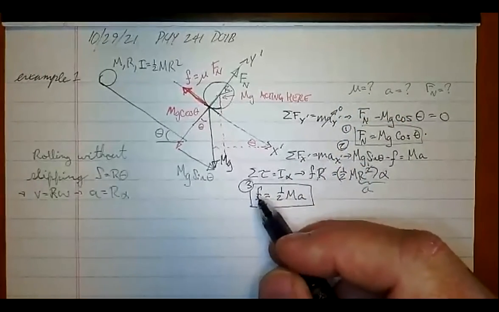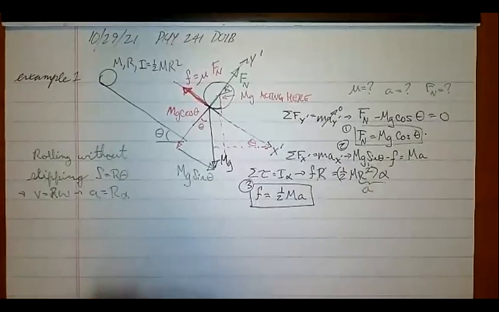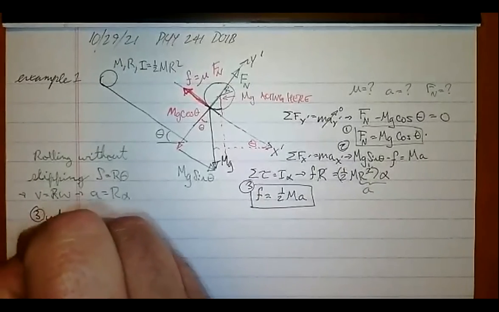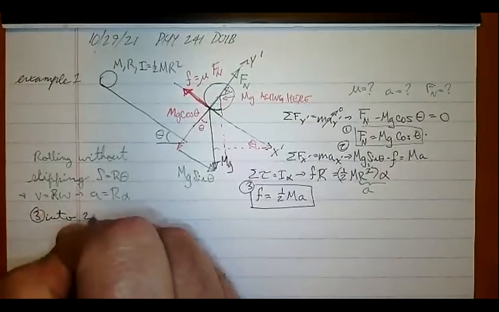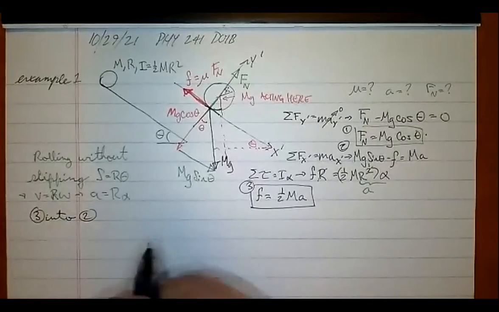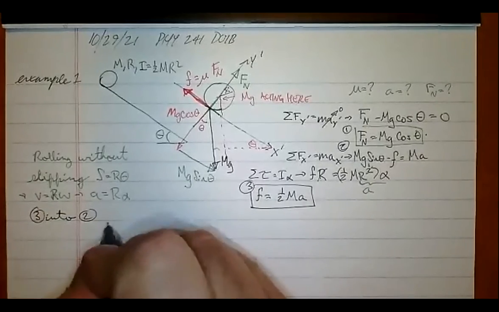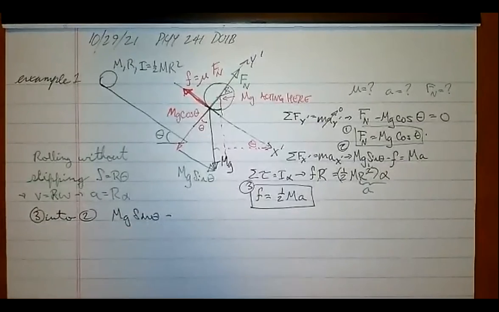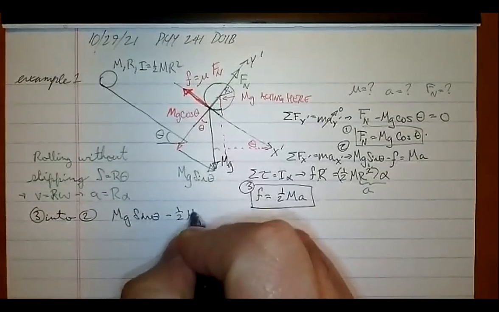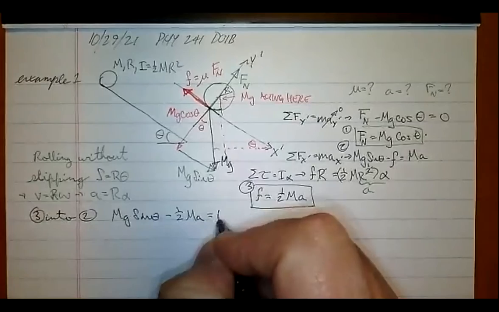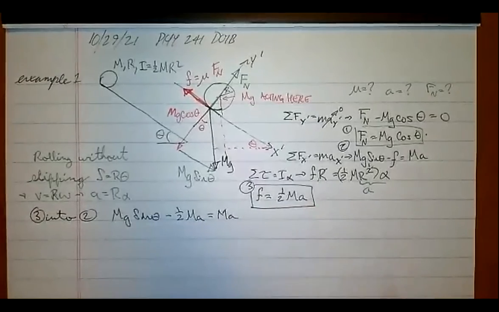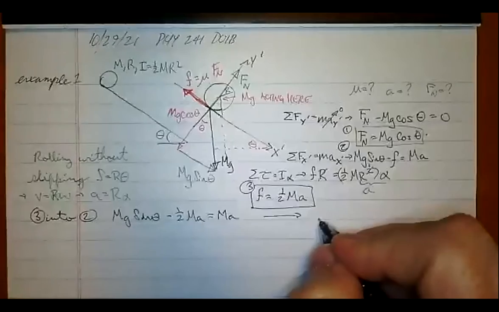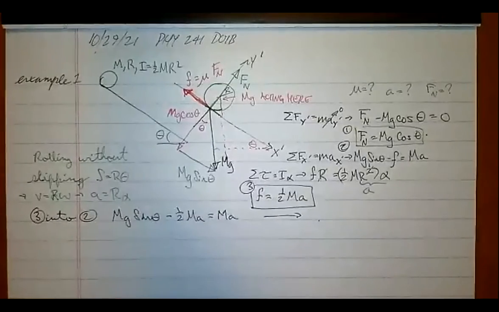So I'm going to take this F and plug it into equation 2. So I want to do 3 into 2, and that's going to give me, in fact, mg sine theta minus 1/2 MA is equal to MA. You can see that is going to cause us to have, for starters, you can factor out all those M's.